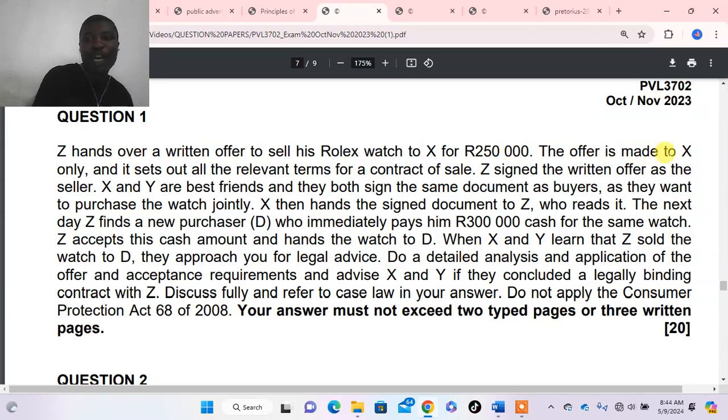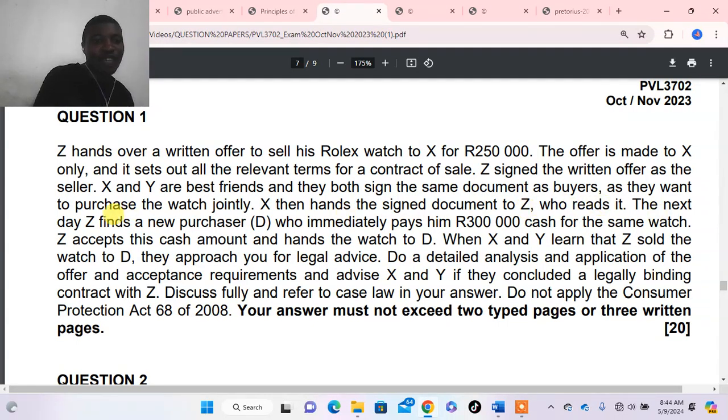The offer is made to X only, and it sets out all the relevant terms for the contract of sale. Z signed the written offer as the seller. X and Y are best friends, and they both sign the same document as buyers, as they want to purchase the watch jointly. X then hands the signed document to Z, who reads it.